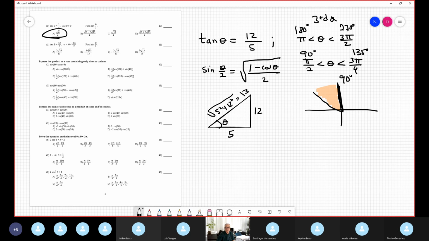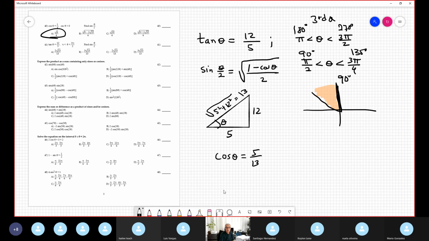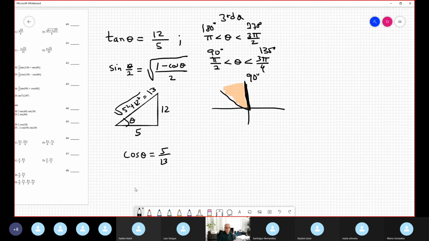Entonces cosine theta is equal to 5 over 13. It's a number I put inside the formula, no? It is square root of 1 minus 5 over 13, divided by 2.